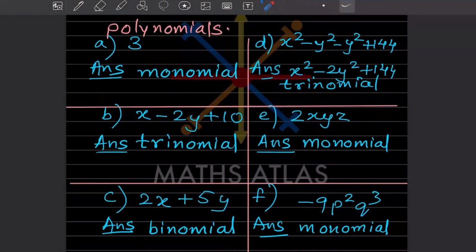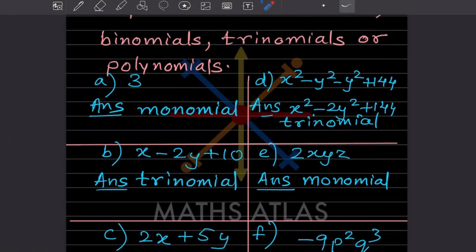Now look at this one. This plus is the separator, so there are two terms over here. So this is binomial. Again, here we can see 1, 2, 3 and 4, but these are not actually 4, because this also is y square and this also is y square. So first you have to simplify that. X square remains the same, and then minus y square.